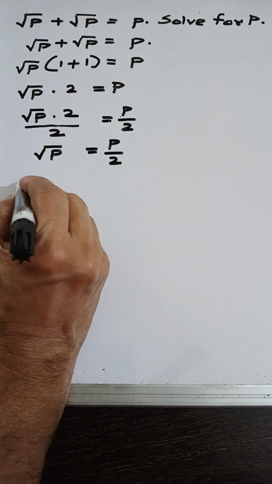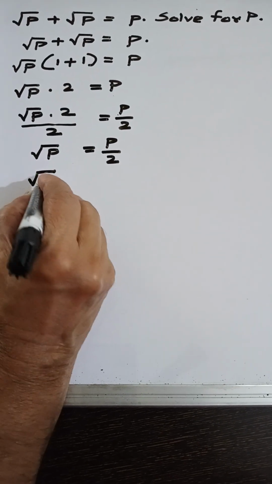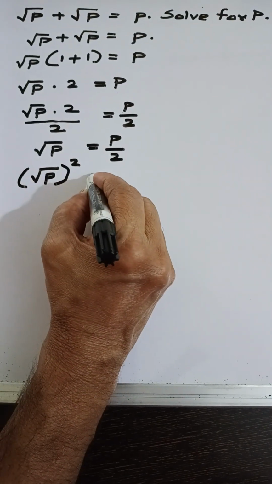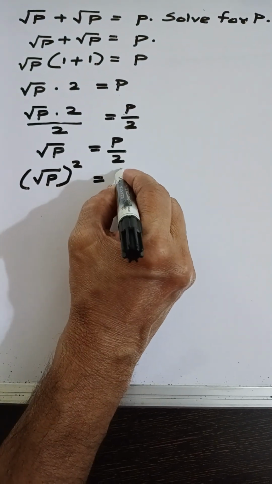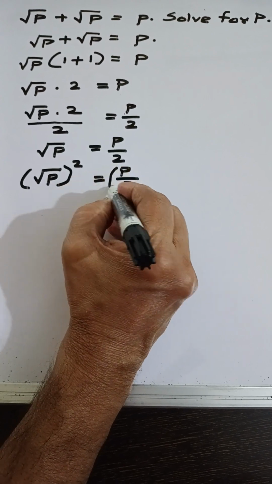Squaring both sides. Root p the whole squared equals p by 2 the whole squared.